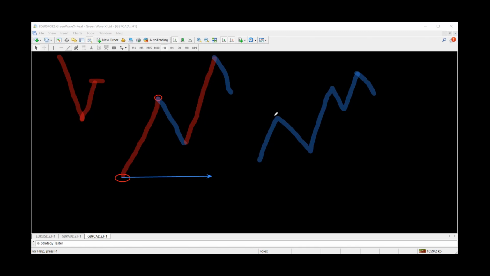The reason we're able to have that is because price is not breaking below the starting point of the impulse. This one didn't break below here, this one didn't break below here, this one didn't break below here. That's why the lows are getting higher and the highs are getting higher. So that's why we're able to maintain the bullish trend.